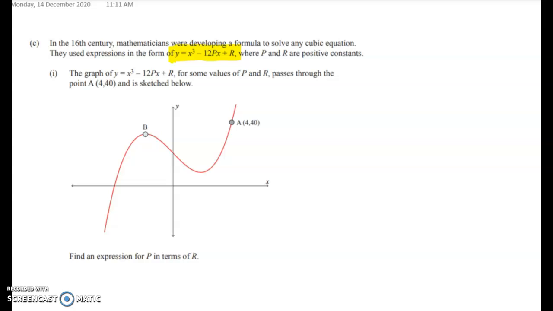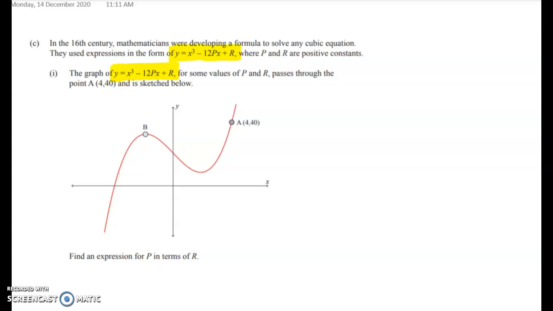So just notice there's no x squared in there, which is why it's called a depressed cubic. It's missing that term. There are heaps of fantastic maths books out there that tell the story about what happened back in the 16th century with this, but I guess right now you just want to know how to do this question.